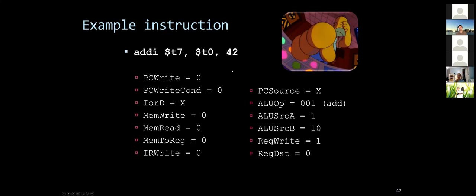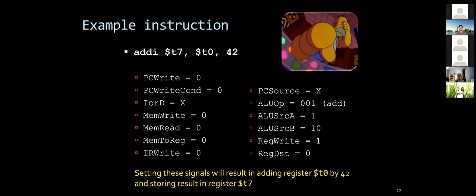As you can see, most flags are zeros because you don't do anything fancy. The ALU op is 001 because that's an add, right? And we have a source register and a destination register. Setting these signals will result in adding register T0 by 42 and storing the result in register T7.